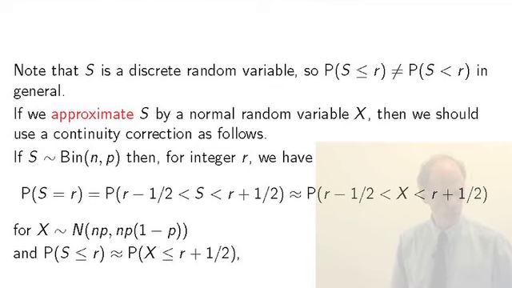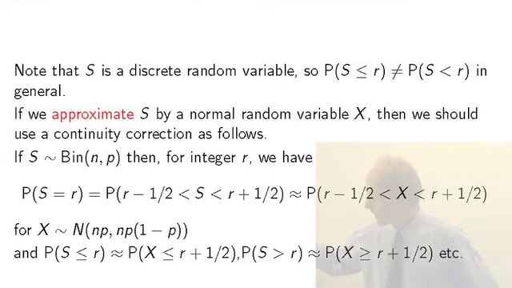And another example, probability of S being strictly greater than r, we look at the probability of x being greater than or equal to r plus a half, and so on. So you can see then the idea behind the continuity correction of including or excluding a particular value means you either add or subtract a half as appropriate.